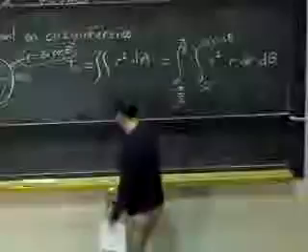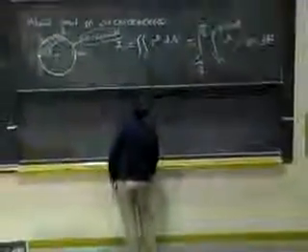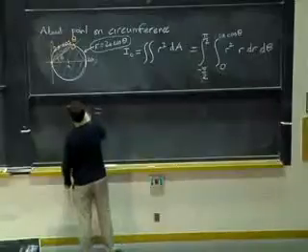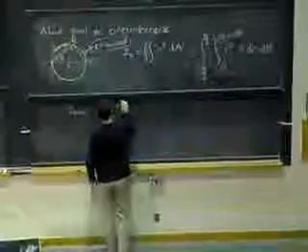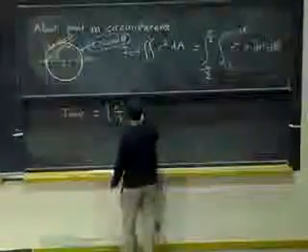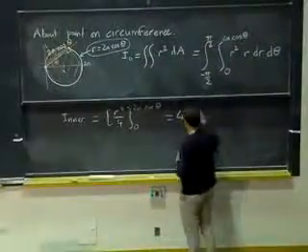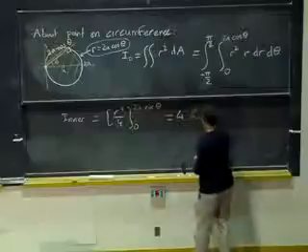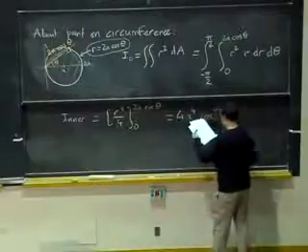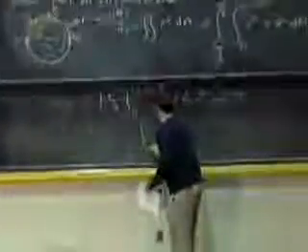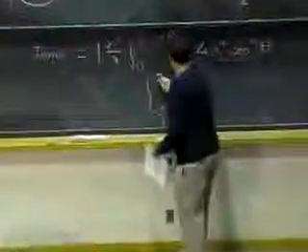Now if you compute that, the inner integral will be r to the 4 over 4 between 0 and 2a cosine theta, which will turn out to be 4a to the 4 cosine to the 4 theta. And now you will integrate that from minus pi over 2 to pi over 2.